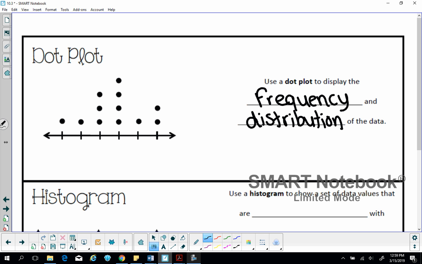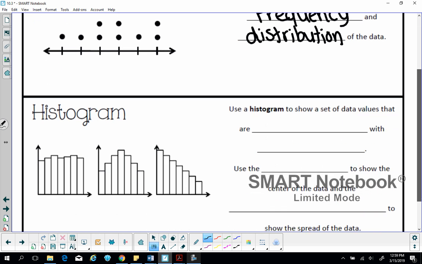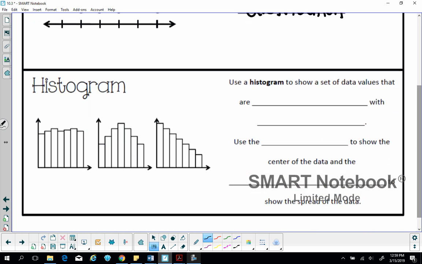All right. So looking at this, what it is, I put a dot on each thing there is. First I'm going to have you fill in the notes. Not only are we doing dot plots, we're also doing histograms. Histograms are little bar graphs, but they're always connected because they're looking at intervals.